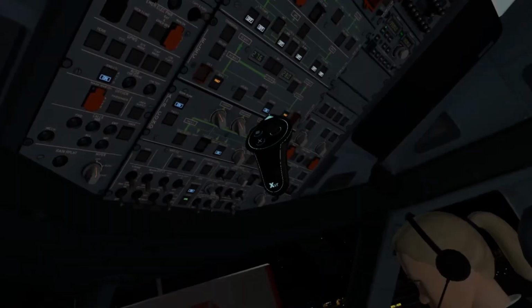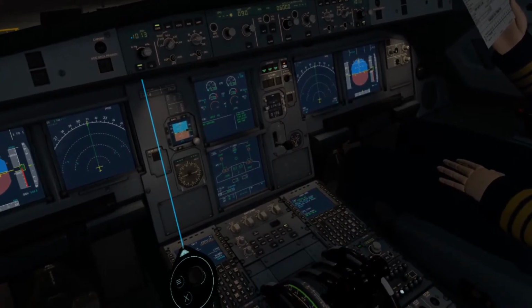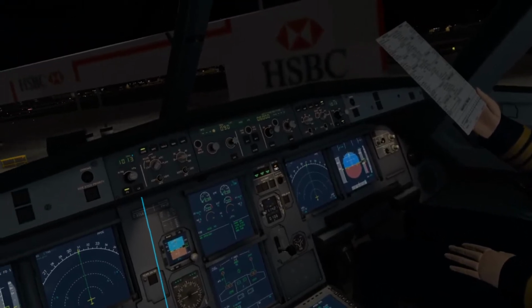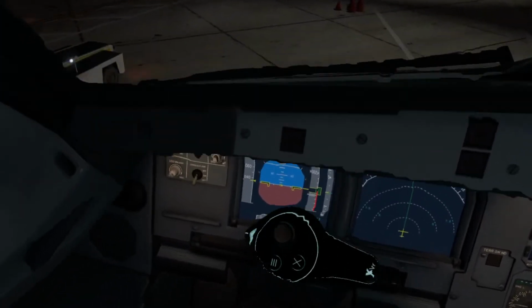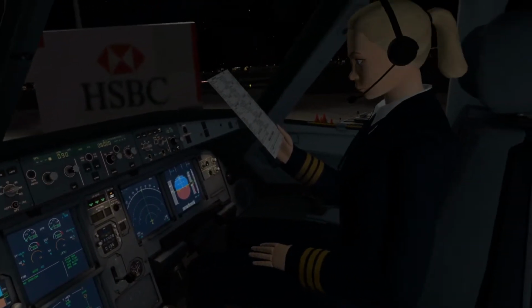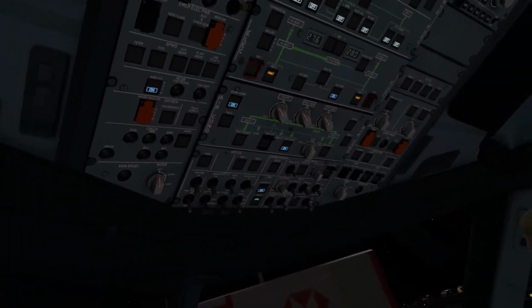Off. Parking brake. On. ATC TCOP. TCAS standby. Okay. Parking checklist completed. Alright. So we can turn back on the fans here.